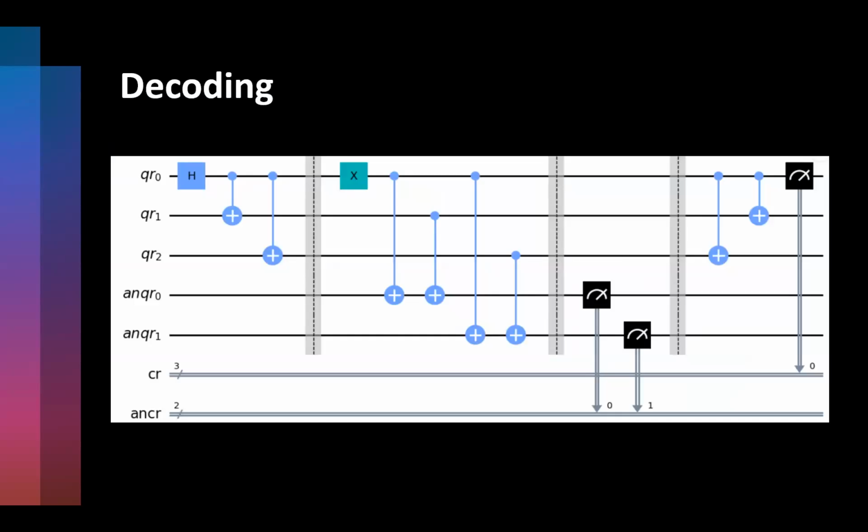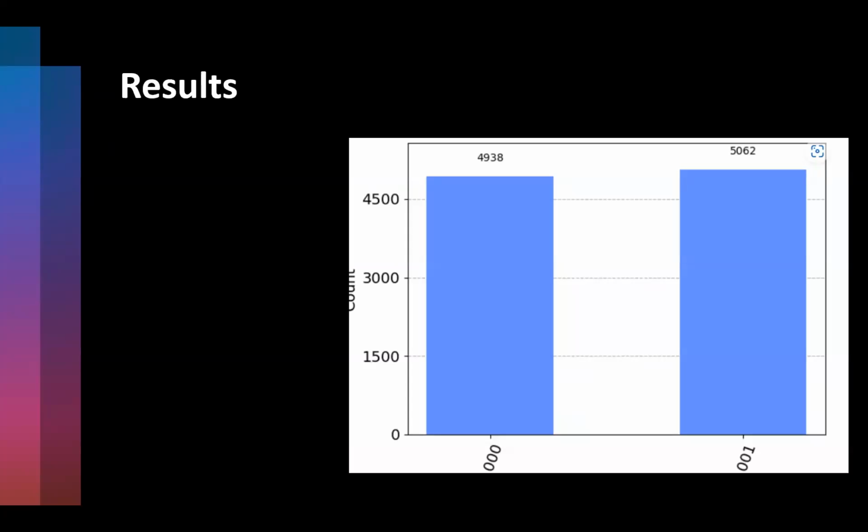Now we will decode it. We apply a CNOT gate between 0 and 2, then 0 and 1, and then we measure it. When we measure it, we get our results, which are the 0 and 1 states.